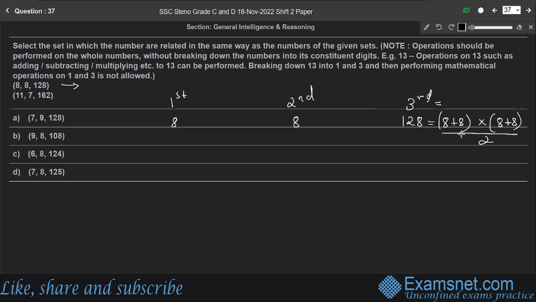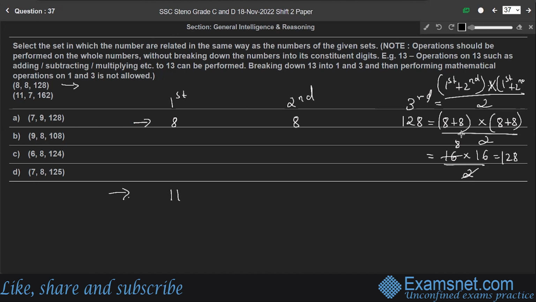Therefore 8 plus 8 is 16, into 16 by 2, which is 8, so 16 into 8 is 128. Therefore the third number can be equated to the sum of the first and second numbers, into again the sum of the first and second numbers divided by 2. Very simple logic.